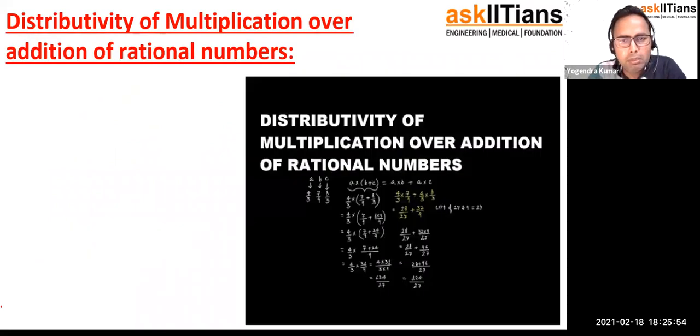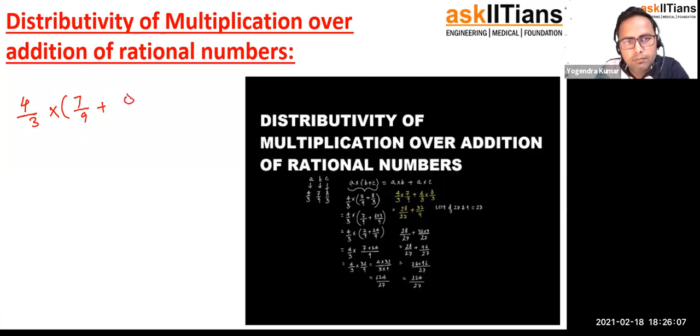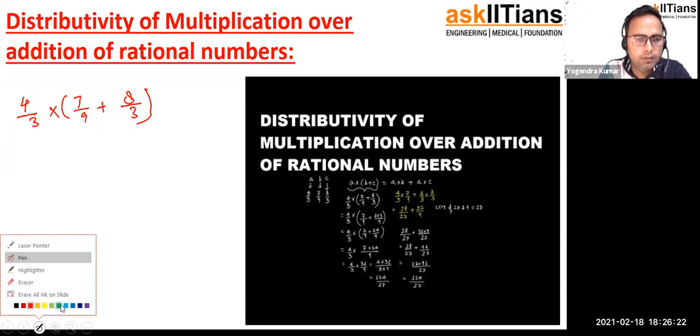We can take any numbers. I took simple examples, but you can take examples like these which they are showing here: 4 divided by 3 into (7 divided by 9 plus 8 divided by 3). You can do it in 2 ways, whichever you choose.